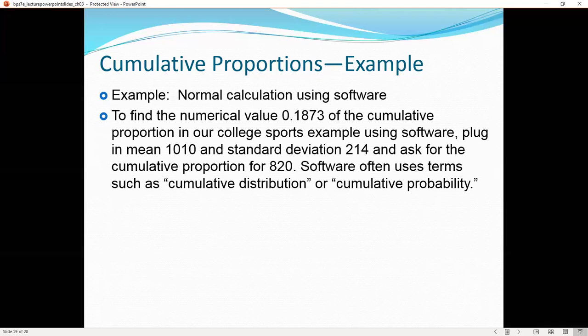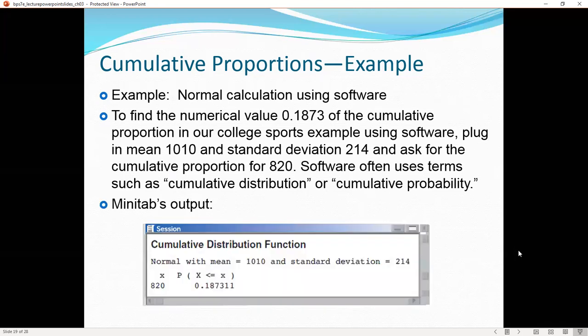Software often uses terms such as cumulative distribution or cumulative probability. Minitab's output looks like this, where they've restated our input and given us the output of 0.1873, which matches.